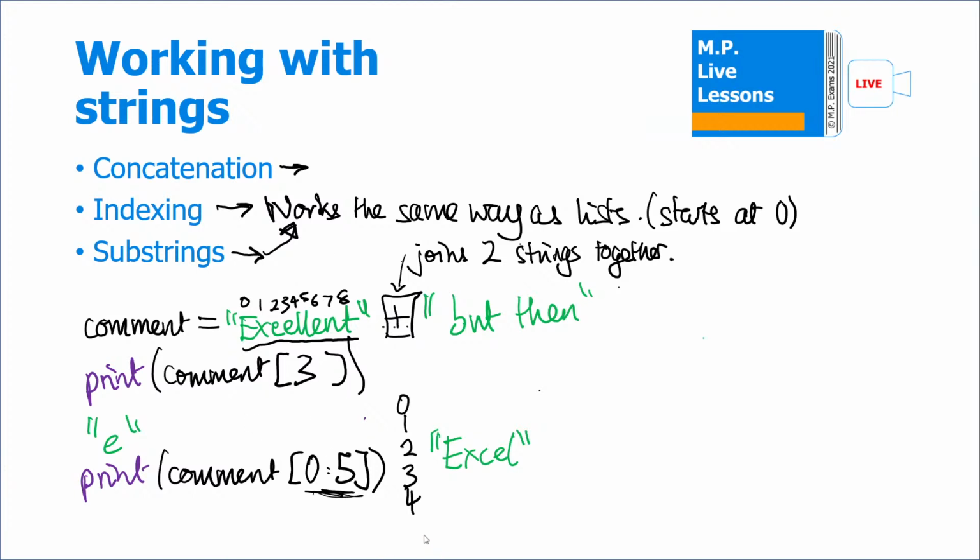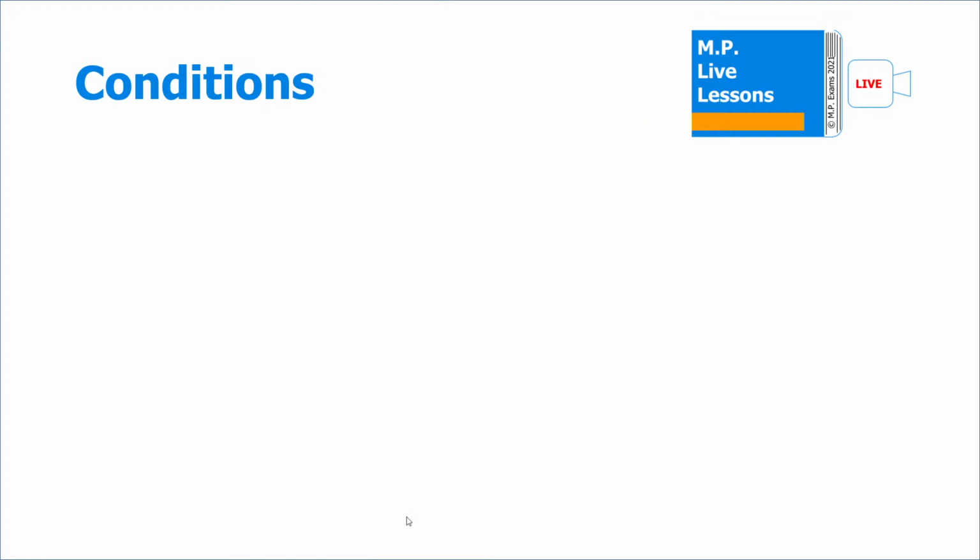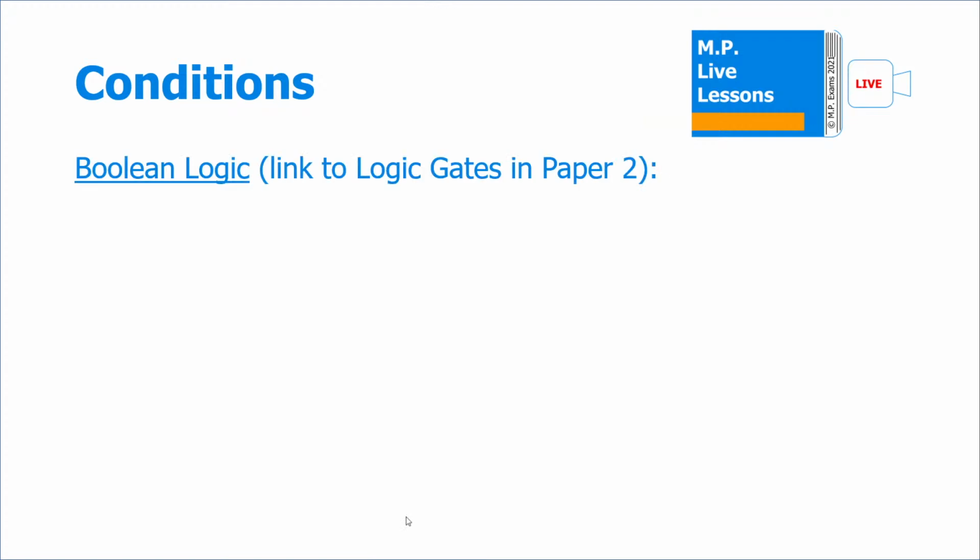The next thing you need to look at are conditions, or Boolean logic, which links into logic in paper 2. Now, if we have a not, this means anything that's false becomes true, and anything that's true becomes false.